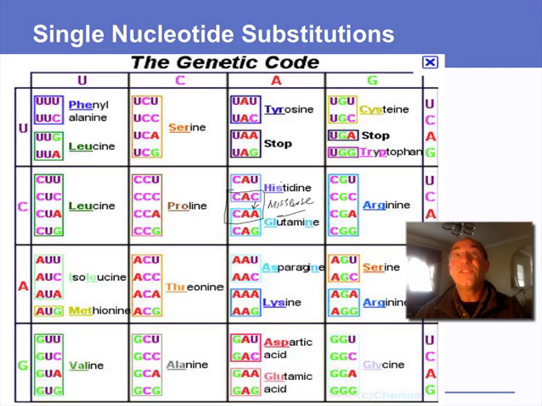If you took these two here, if we changed UGC to UGA, that would be a nonsense mutation. If, on the other hand, we take, of course, a UGA stop codon and mutate that A to a G so it becomes UGG for tryptophan, then we've made a sense mutation. We've turned a stop codon into a normal amino acid.